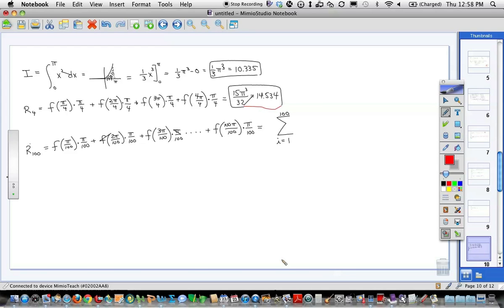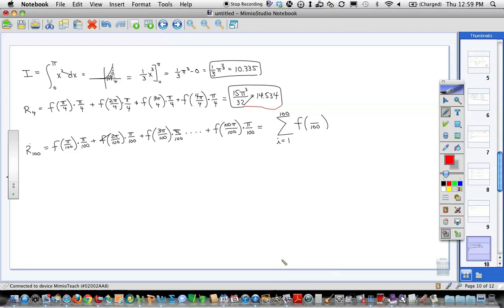And the key to writing the sigma, I know you might think of it as confusing, but really, the only thing you need to worry about in writing the sigma is what in each term stays constant and what in each term is variable. Well, almost everything in here repeats from term to term. There's an F in every term. There's parentheses and a 100 in the denominator in every term.